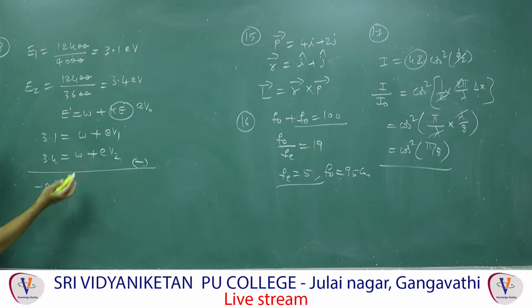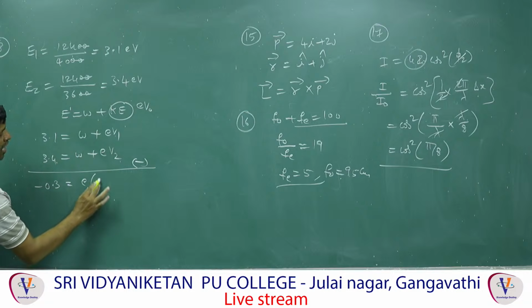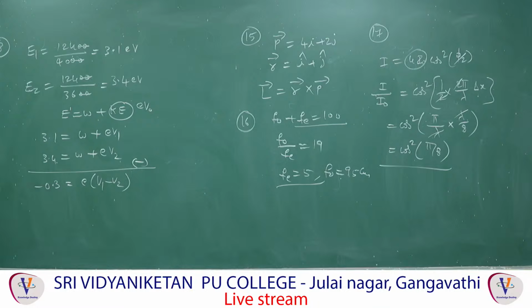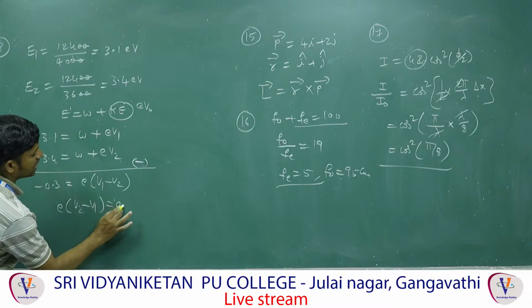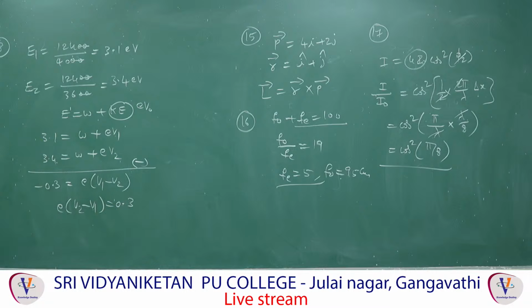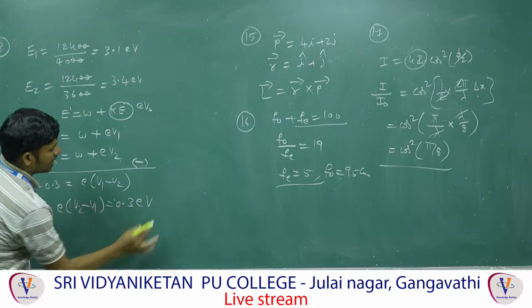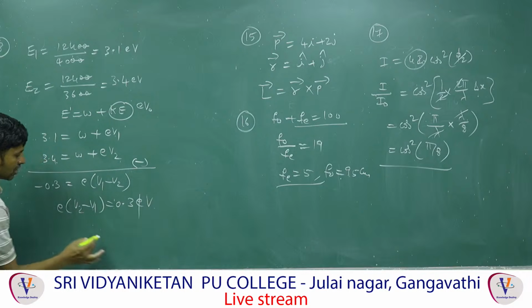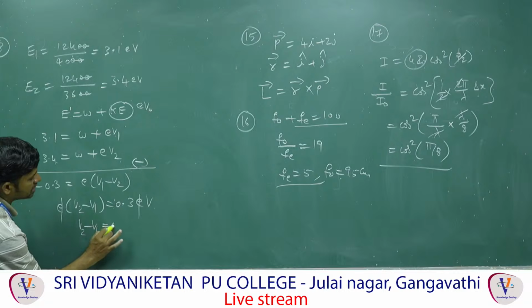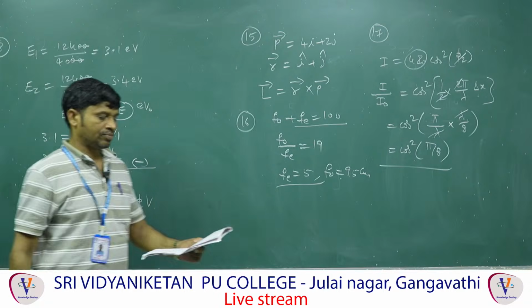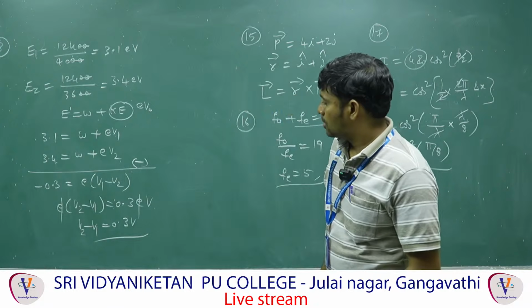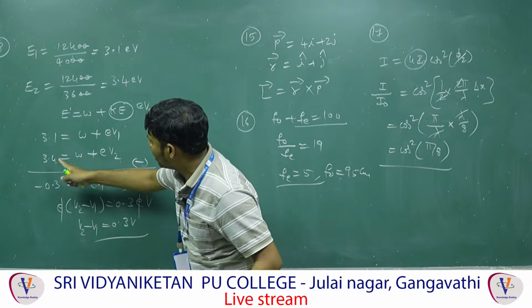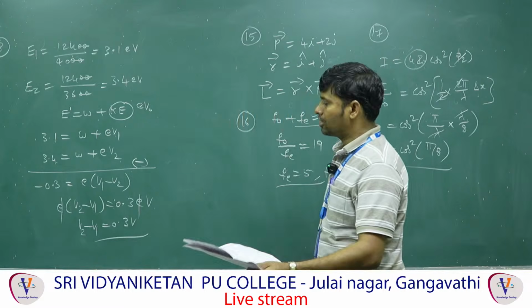This value minus this value, the work function cancels to 0. The E value is common, like V1 minus V2, or E into V2 minus V1. The value is 0.3. The kinetic energy value is in electron volts, and the electron cancels. V2 minus V1 is 0.3 volts. You can also take the other value, but simply we directly get 0.3.